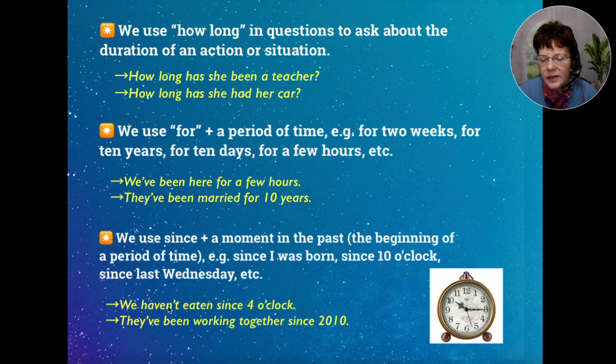So this is negative here. It hasn't happened. The last time we ate was at 4 o'clock. And then we have they've been working together since 2010. So this was since this period of time or moment in the past that this has been happening, working together.